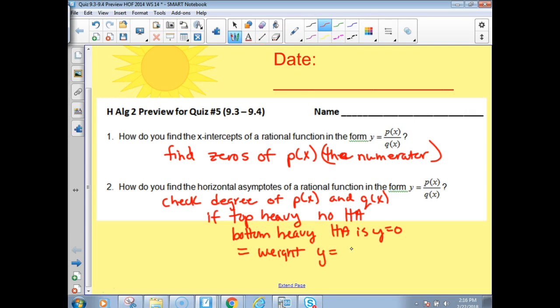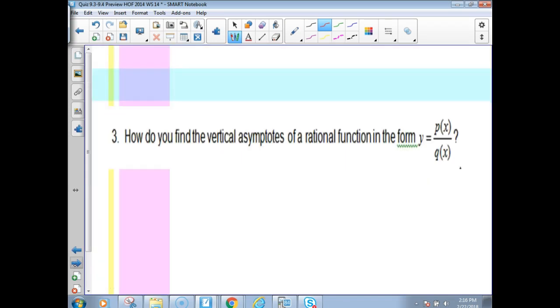Y equals leading coefficient over leading coefficient. All right. And then the third question is, how do you find the vertical asymptotes? You find zeros of the denominator, right?